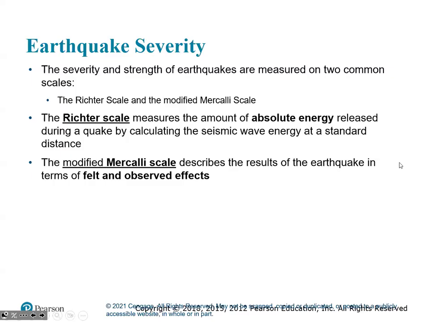So the Richter scale is about how much energy is being released by this earthquake. The modified Mercalli scale describes the results of the earthquake in terms of felt and observed effects. So the Richter scale is about how much energy did this earthquake have? The modified Mercalli scale is about what did this earthquake do?